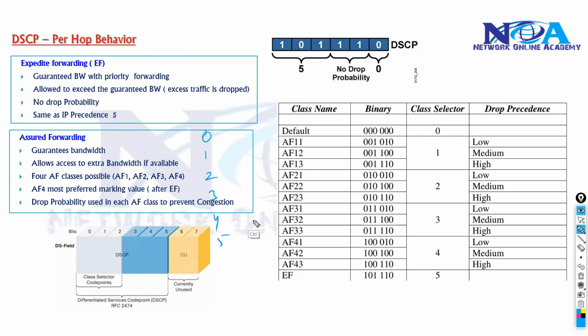In our case, the 5 is EF, whereas these 4 values are AF1, AF2, AF3, and AF4. So the difference here is it's not just 4 values. Inside each value, like AF1, again, we have three combinations.